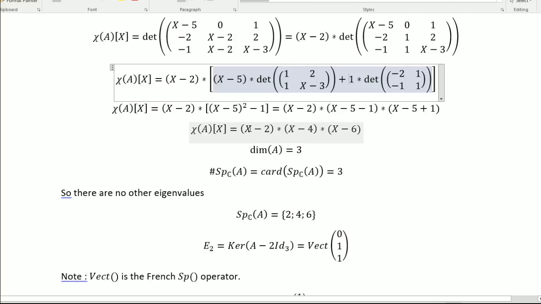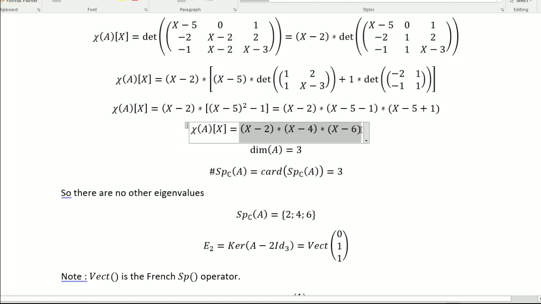Actually I want to say something. Most of the books you'll encounter will say this implies that the spectrum is this. Yes, but also no. Actually, there could be other values.